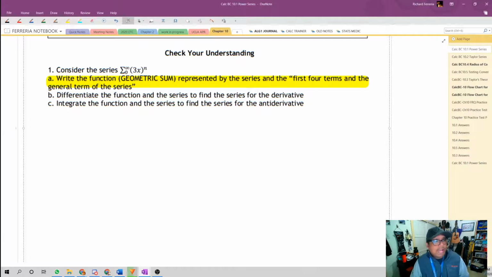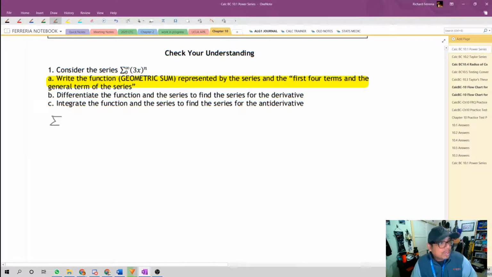So for part A, I noticed that the series is not written out. It's given to me in sigma notation. So a good idea is to write out those terms. Okay, so let's write out those terms. We've got when n equals 0, we got 3x to the 0.